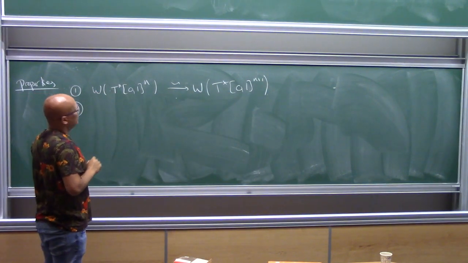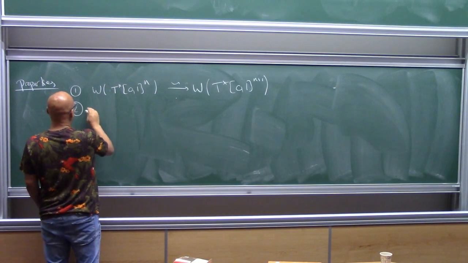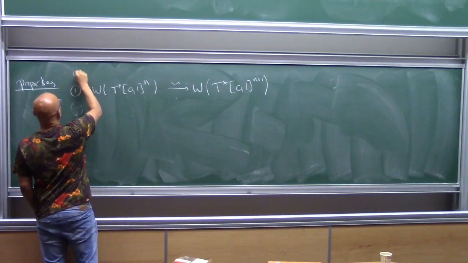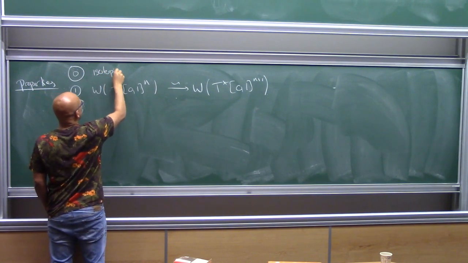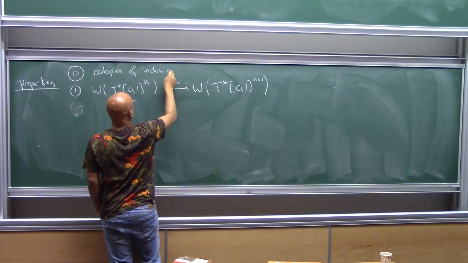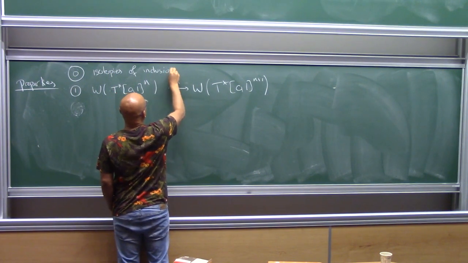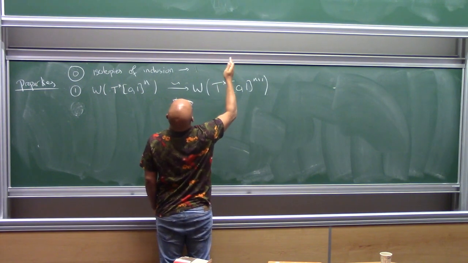Maybe I should call this one 0, which is that isotopies of inclusions go to equivalent maps.